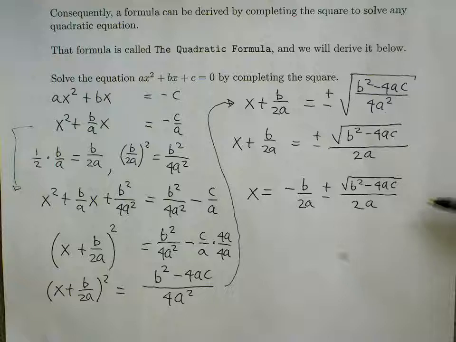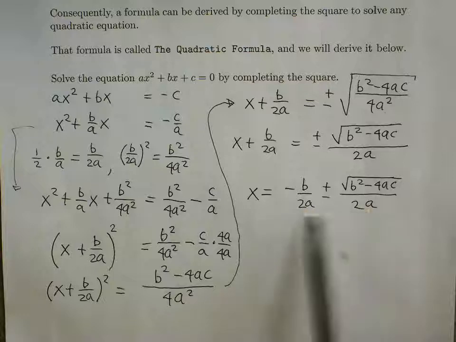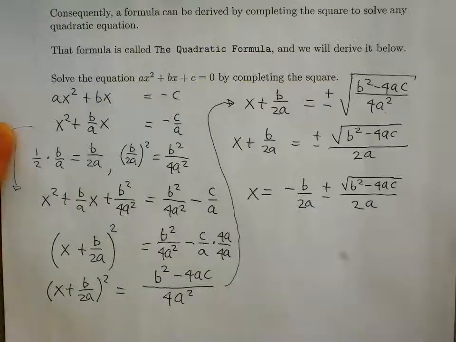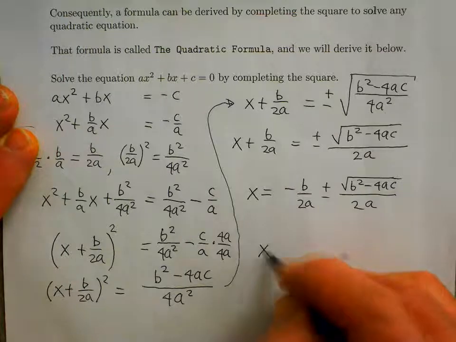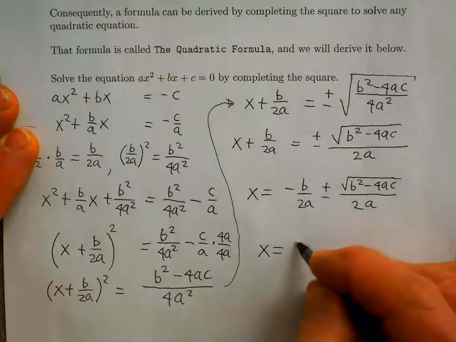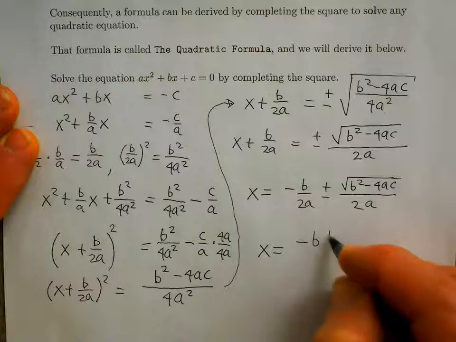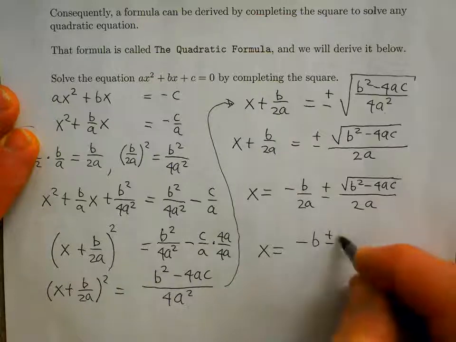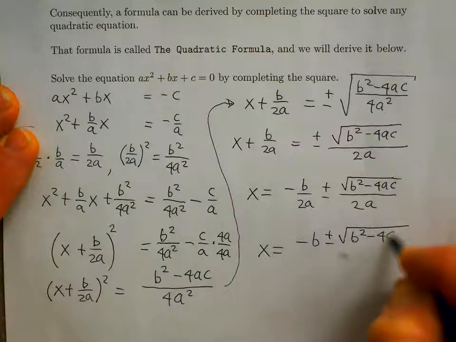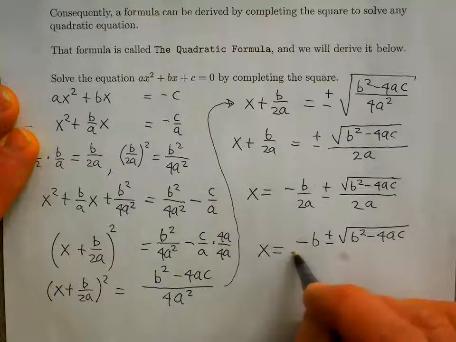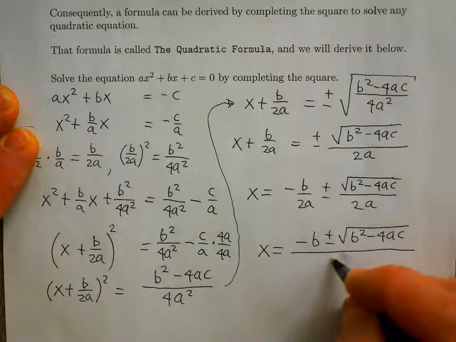You can remember the quadratic formula in this form if you want, but since the denominators are the same, an alternative way to write the quadratic formula is x equals negative b plus and minus the square root of b to the second minus 4ac, all divided by 2a.